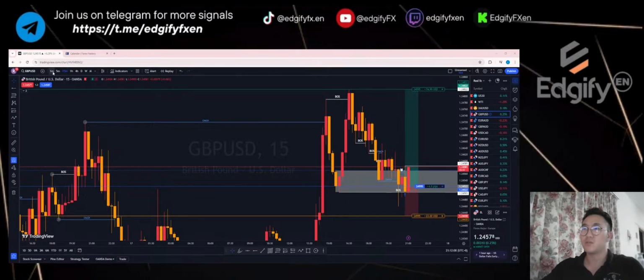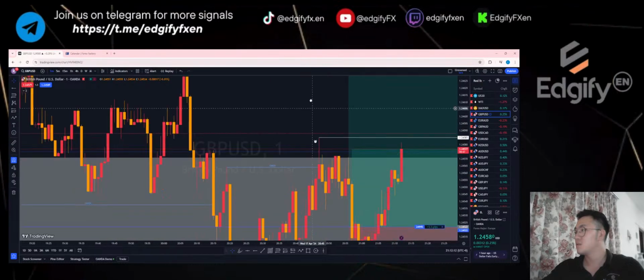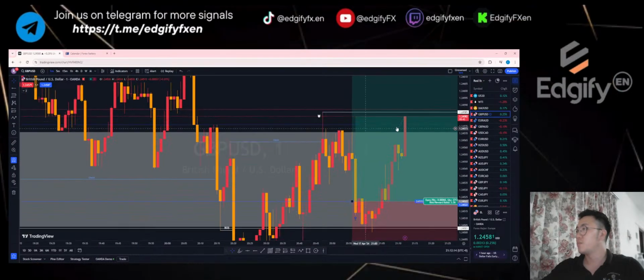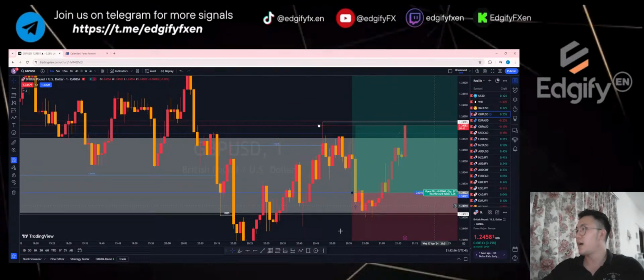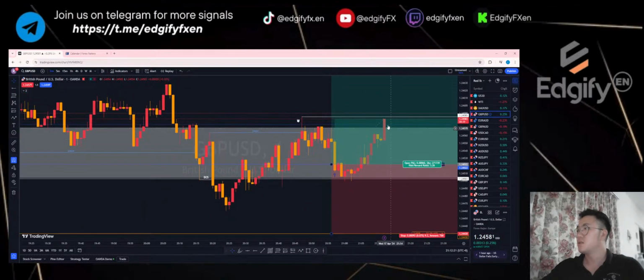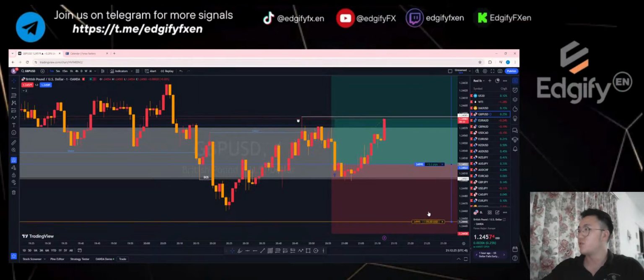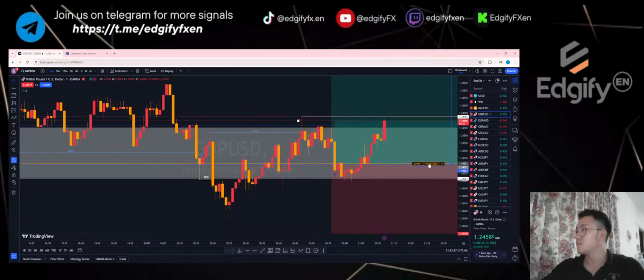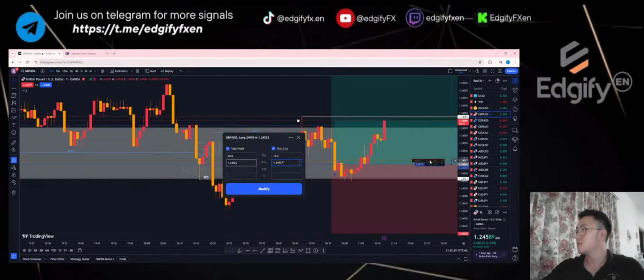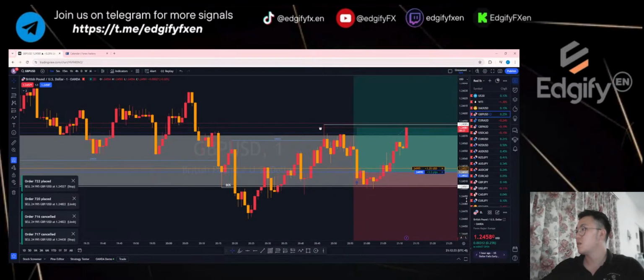Okay, looking good. When the price taps, I will be setting break even. With this kind of distance, I can actually already start setting my break even. Okay, I break even my trade.